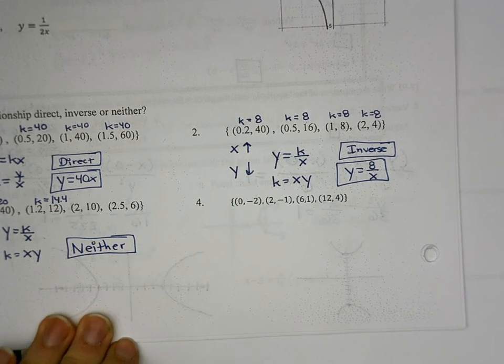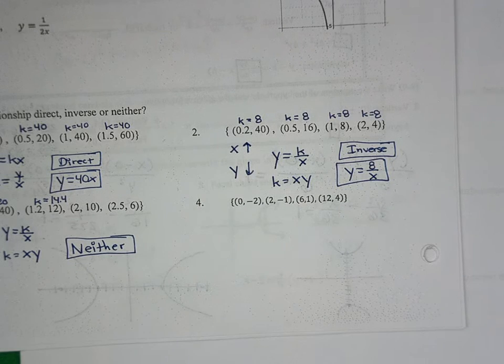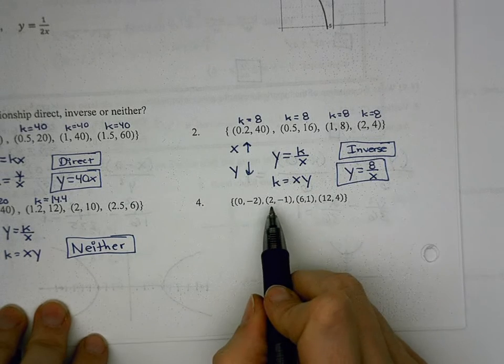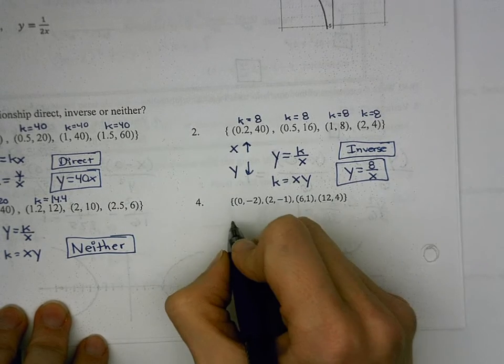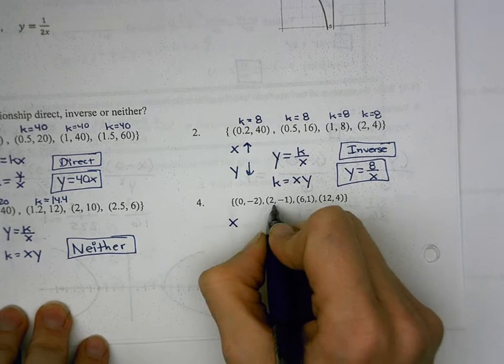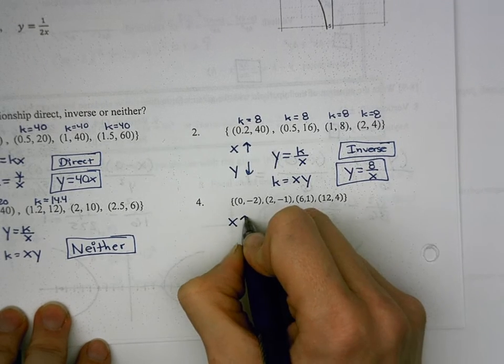Okay, last one, number 4. Go ahead and pause the video and then restart it when you are ready. Okay, number 4, we have 0, -2, 2, -1, 6, 1, 12, 4. My X, 0, 2, 6, 12 is increasing.